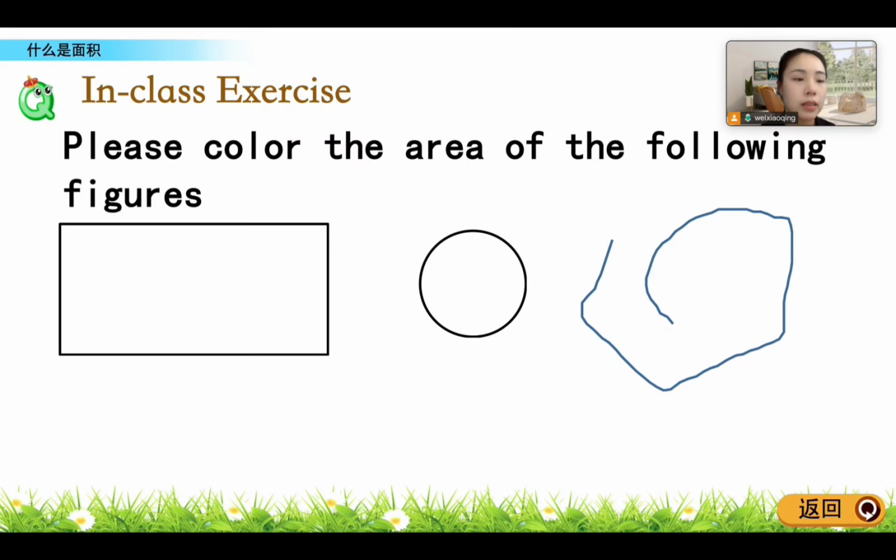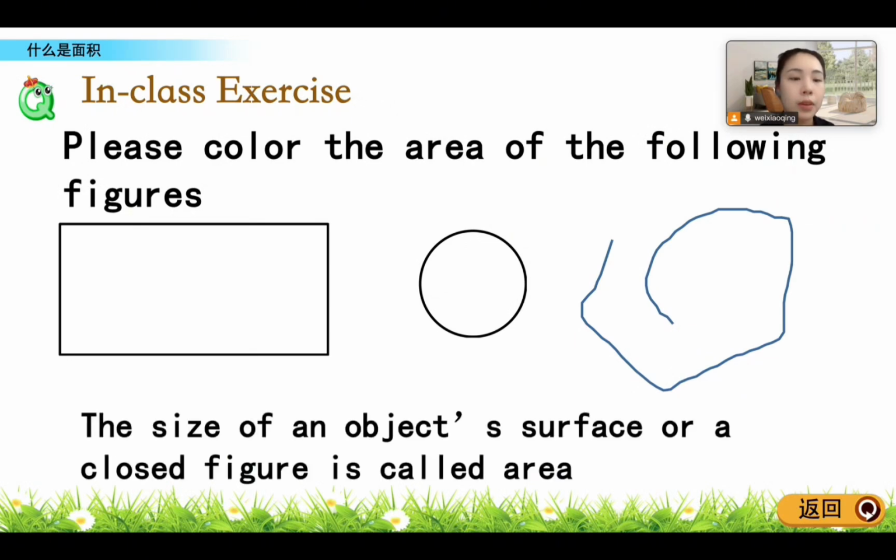Through this activity, you will find only closed shapes have area. Non-closed shapes do not have area. Therefore, we can get a more complete definition. Area is the size of an object's surface or the size of the closed shape.